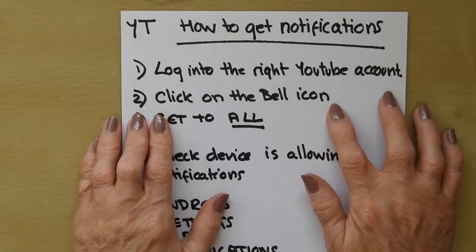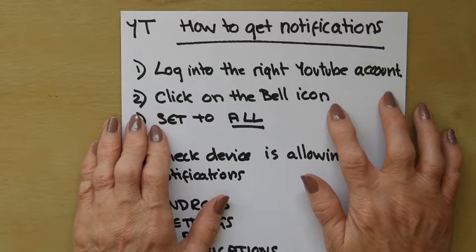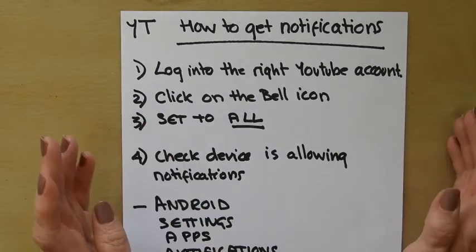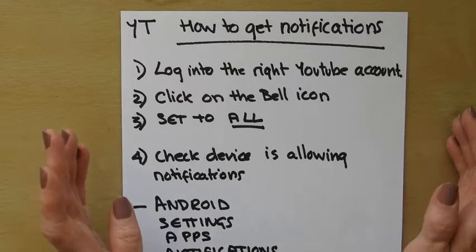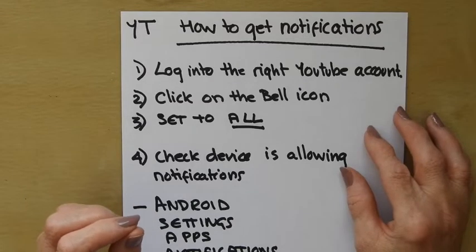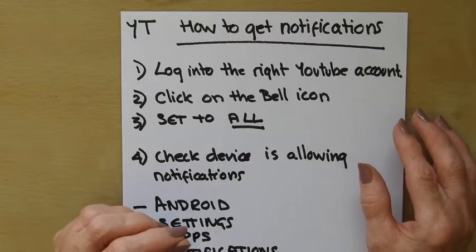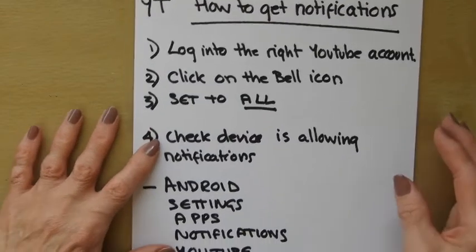What YouTube is bringing in, however, are different ways of getting your notifications, in that you can set them to all, none, or personalized. That was the word I was looking for, personalized. Now, if you have your notifications set to personalized, you will see a hollow bell, not the solid one. So, you know what you're getting.